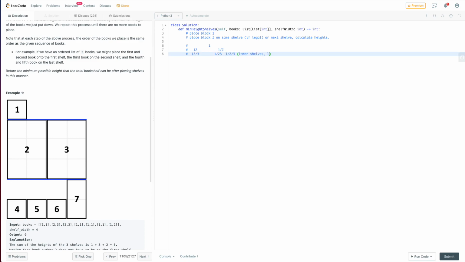Lower shelves, lower height. 1, 2, 3 versus 1, 2, 3. I can also eliminate this.